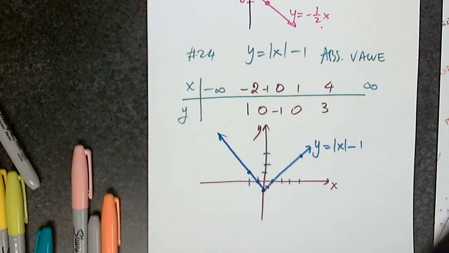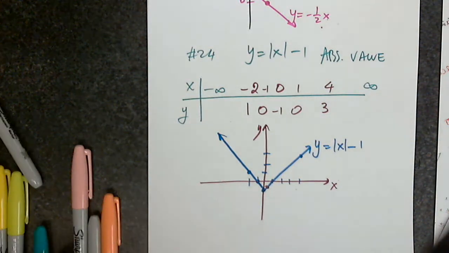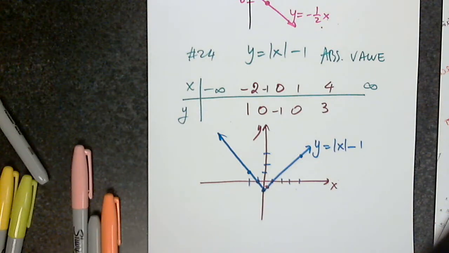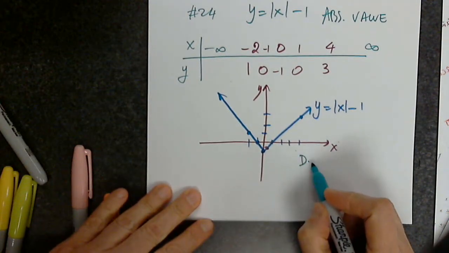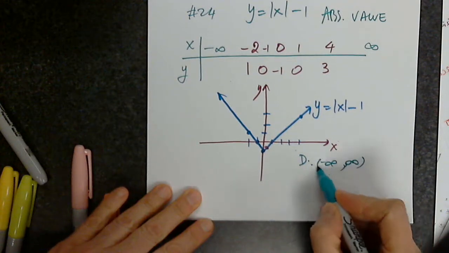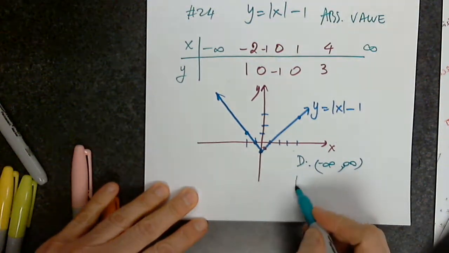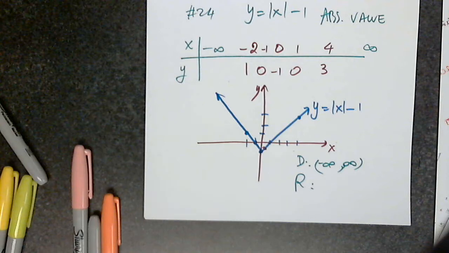Now from the graph, I would like you to identify the range of this function. You already told me that the domain is everything. It's a friendly function, but I would like you to give me the range now. Between the smallest y value till the largest y value.